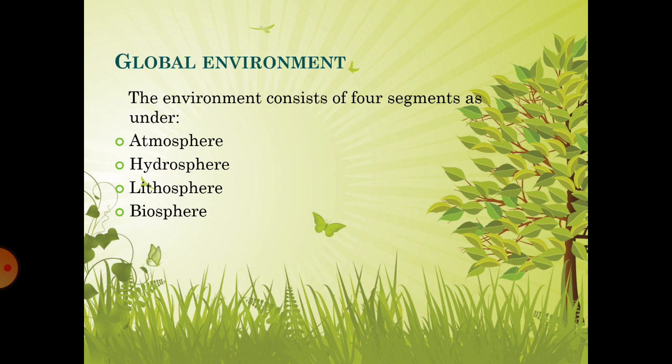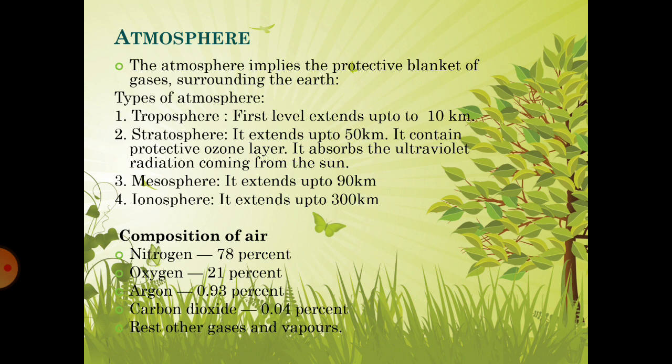Next, global environment. There are four segments as under. Number one is atmosphere, number two is hydrosphere, number three is lithosphere, number four is biosphere. First sphere is atmosphere. It's a protective blanket of gases which surrounds the earth. There are further types of atmosphere. One is troposphere, which extends up to 10 kilometers. Stratosphere extends up to 50 kilometers.